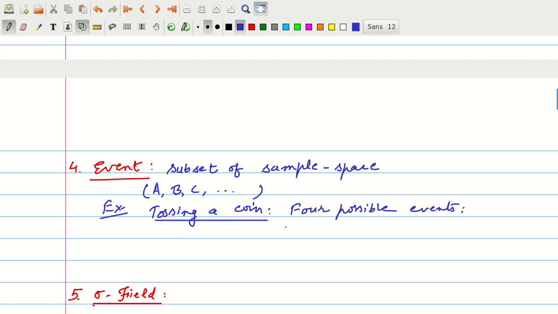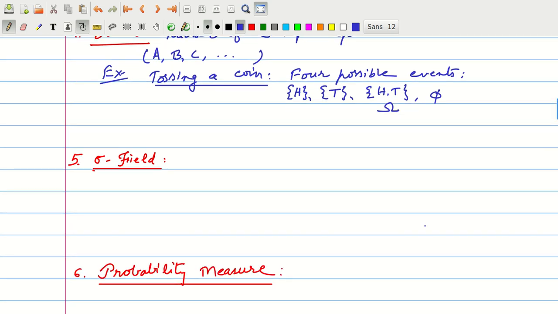They are heads, tails, head comma tail, the sample space itself, or phi, the null set, because null set is the subset of every set.